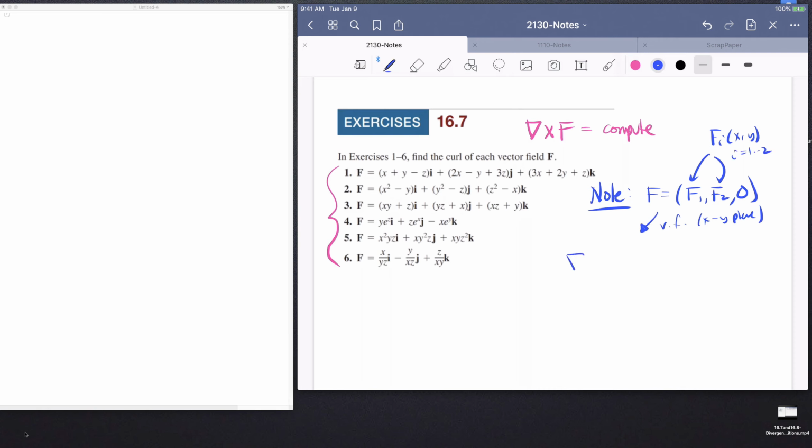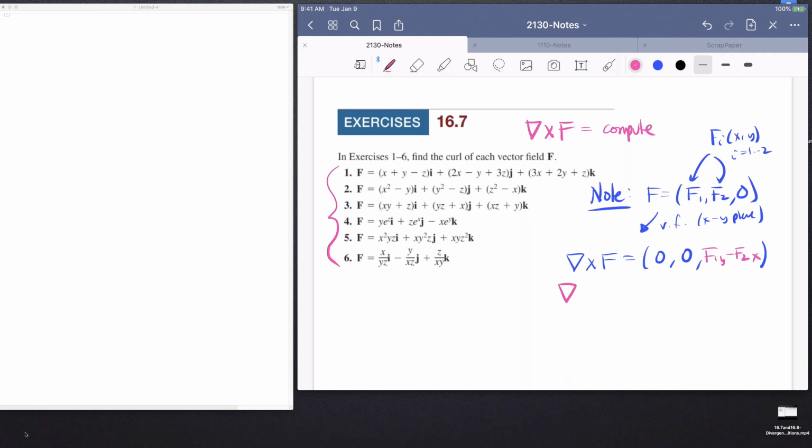If you were to compute the curl of the vector field here, then you would get 0, 0, and then when you get to the z entry, you'll get f1y minus f2x. Now, that's a particular combination of derivatives that we've seen before.